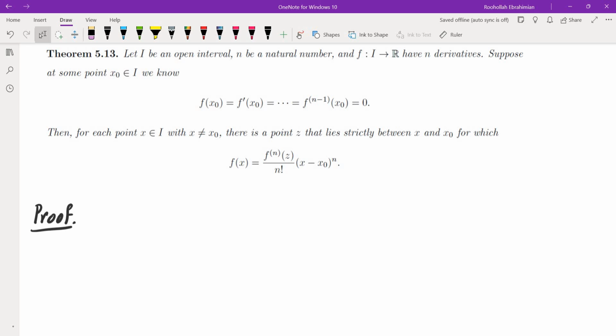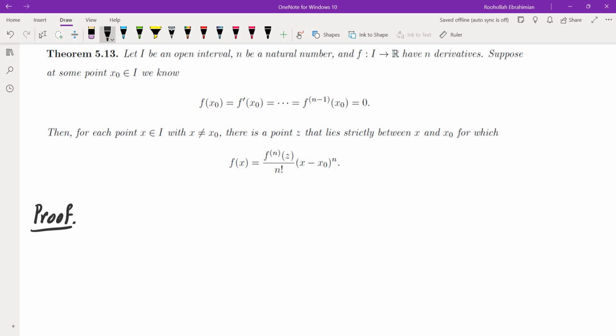Suppose at some point x naught, all of the derivatives of f from the 0th derivative all the way to the n minus first derivative are all 0. So f of x naught, f prime of x naught, all the way to f^(n-1) of x naught are all 0. Then for each x in I, you can write down f of x as f^(n) of z over n factorial times (x minus x naught)^n.